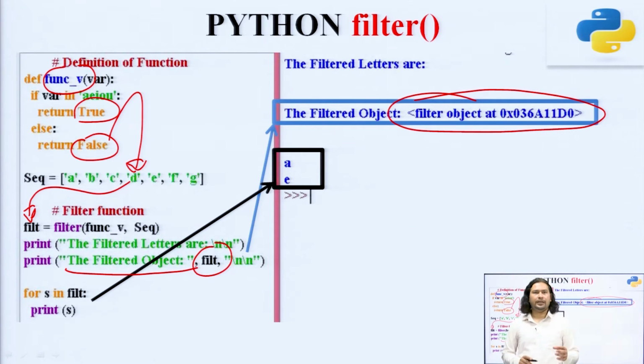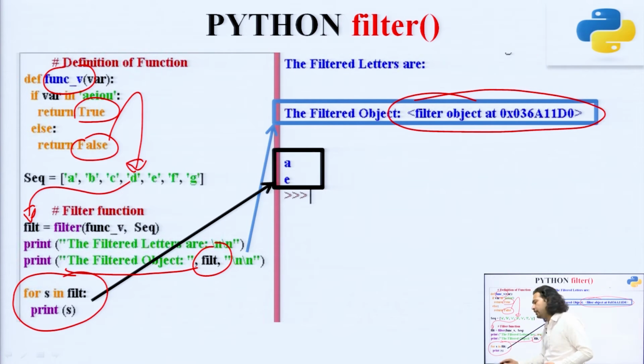That means it is again an iterable object, and to fetch the information one by one you need to iterate over it. That means you need to apply a looping operation to get the data. Without that, you cannot fetch the information out of this filter object.